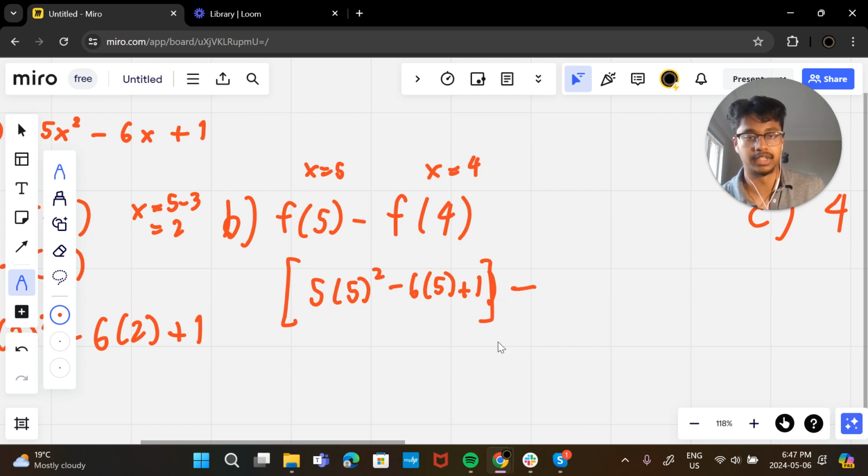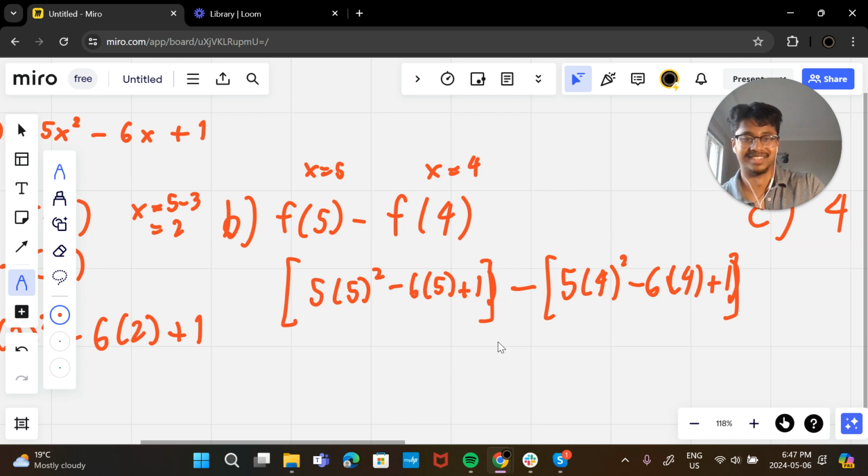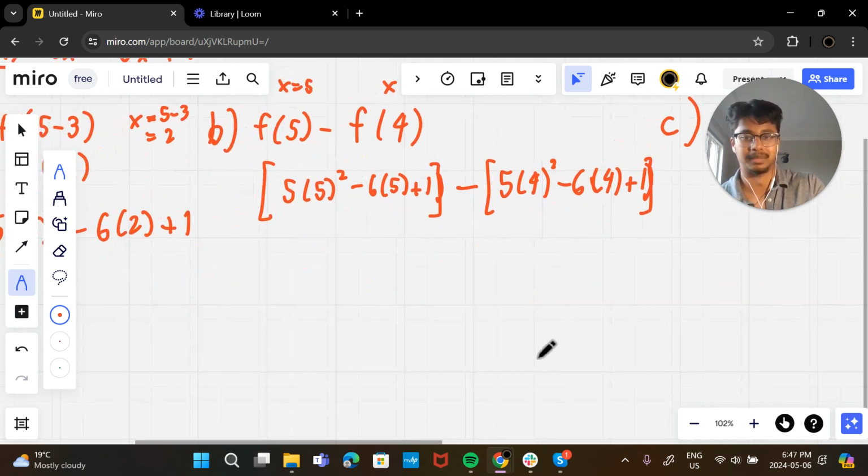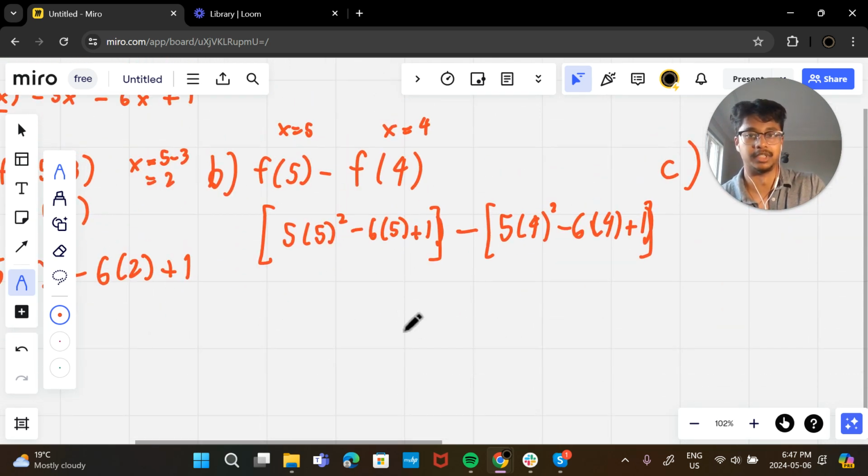So subtraction, open the second bracket, and then we just plug in the 4. It should be a second bracket there. Okay, so that's pretty much how it would be. I'm just setting it up for you guys. From here, the math's pretty easy.